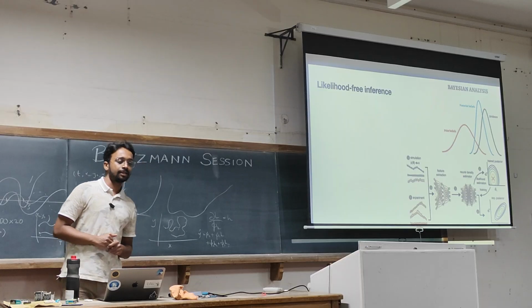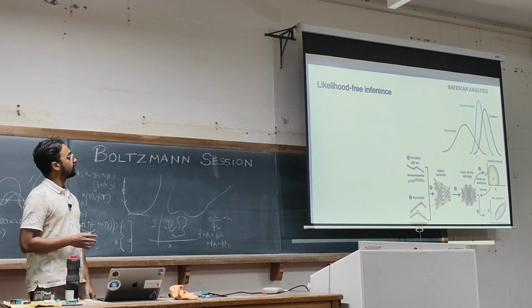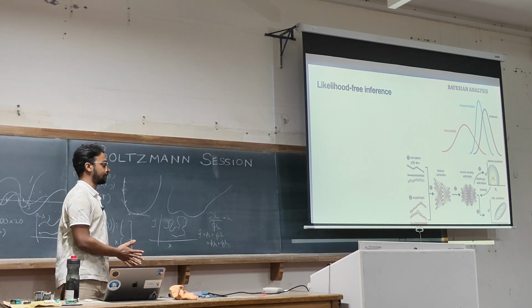And then based on this prior and the likelihood, you want to compute a posterior, which gives you an idea of the distribution of what your final parameters that you want to estimate look like.